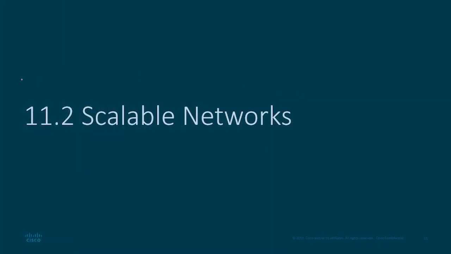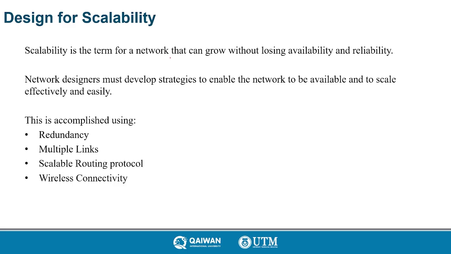Now we have a scalable network. We will need to explain what it means when we talk about scalability. Scalability is a term for a network that can grow without losing availability and reliability. So if I asked you, what do I mean by scalability? You mean that if I have a network and I want to make it bigger, we need to make sure that we will not lose availability and reliability.